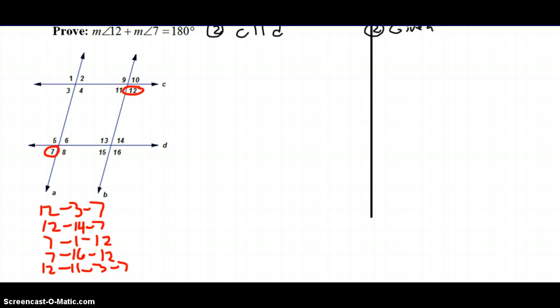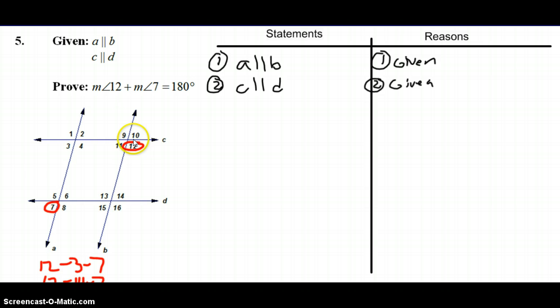So I'm going to focus on the route of 12 to 3. Angles 12 and 3 are same side exterior angles, because they're on the same side of C, and we know that they are supplementary. So my third statement is that angle 12 and angle 3 are supplementary angles.